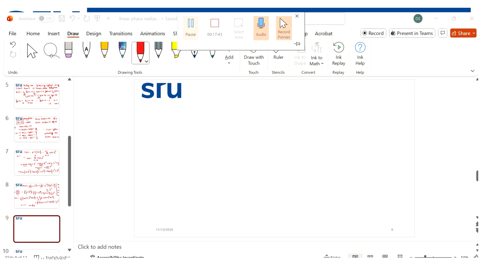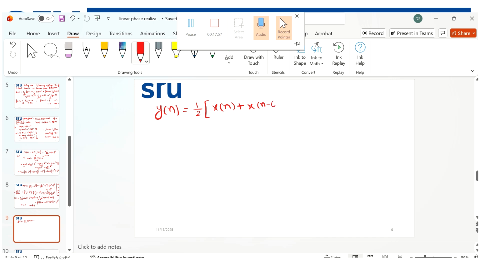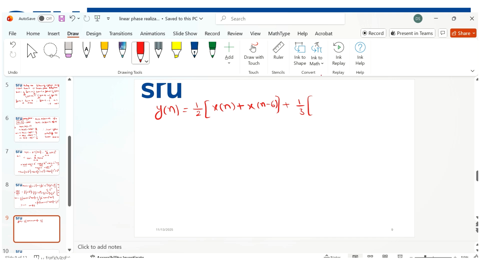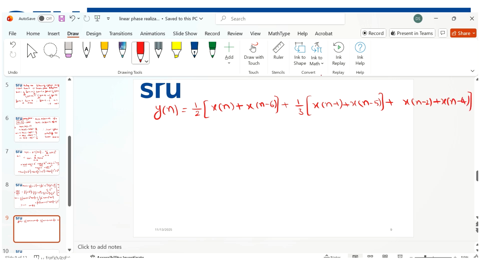After applying the inverse z transformation, we will get y of n is equal to the first constant 1 by 2 x of n, plus z power minus 6 into x of z becomes x of n minus 6, plus 1 by 3 z power minus 1 into x of z becomes x of n minus 1, plus x of n minus 5 plus x of n minus 2 plus x of n minus 4, because the coefficients are only 1, and the last value 1 by 4 x of n minus 3.